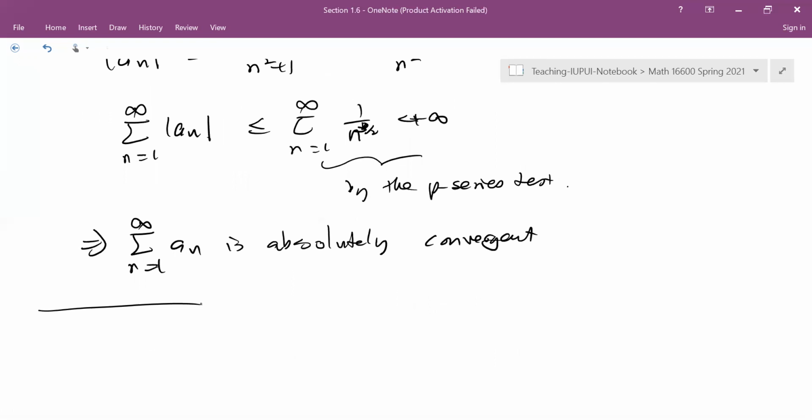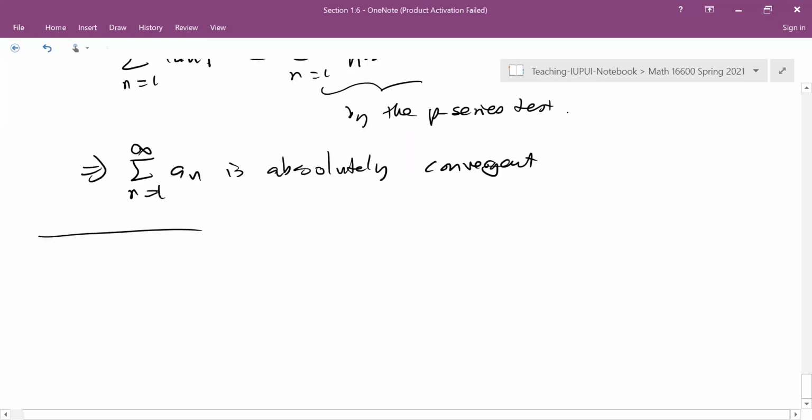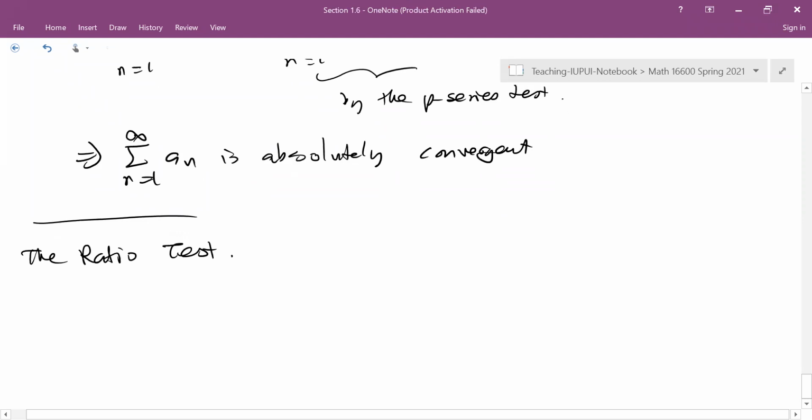Now, the reason we want to study absolute convergence is because we are going to have two important theorems. One is called the ratio test, and the other is called the root test. So the ratio test.